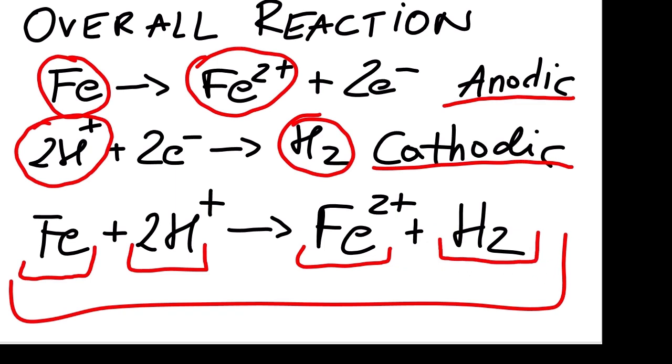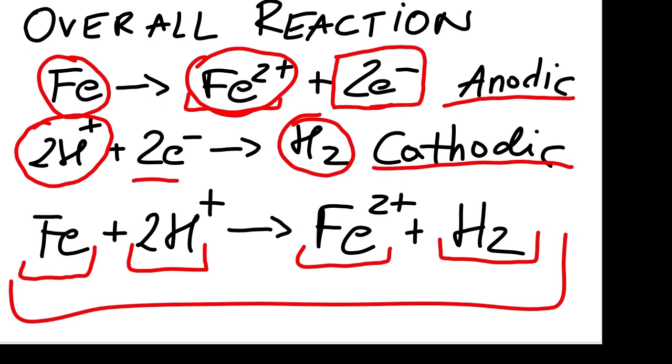Let's see about the electrons. How many electrons took part in this overall reaction? 2 and 2 means 4? No, not 4. The answer is 2.